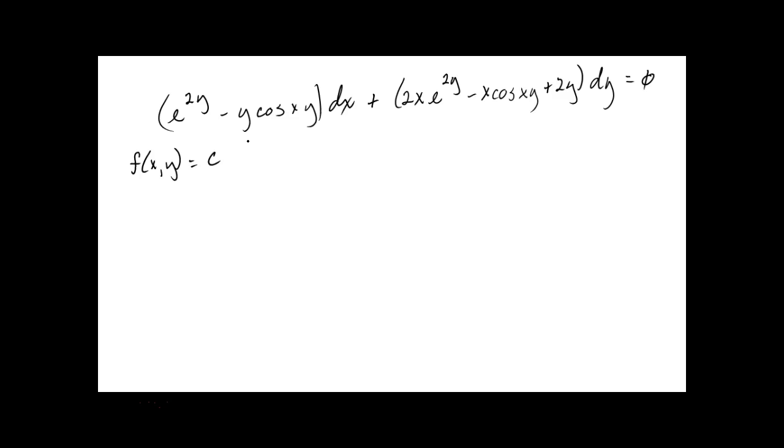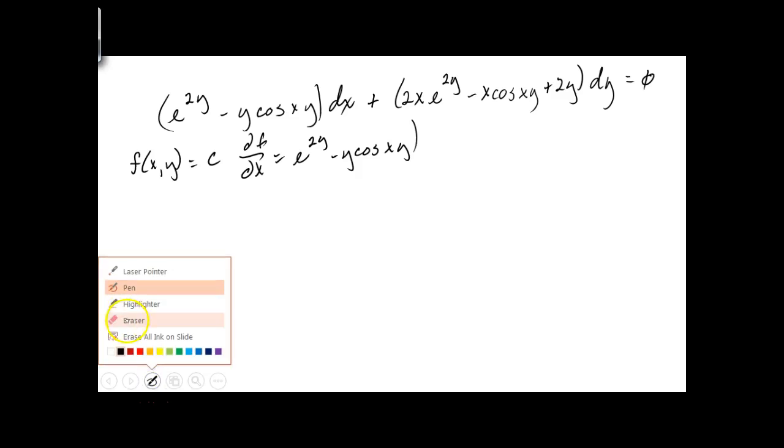I just have a feeling the one with the y is going to be more complicated, so let's go with the one with the dx. So we know the partial of f with respect to x has to be e to the 2y minus y cosine of xy.